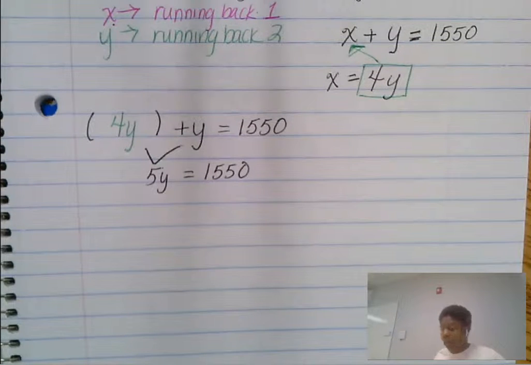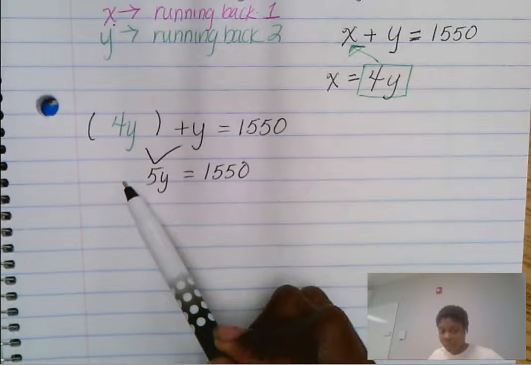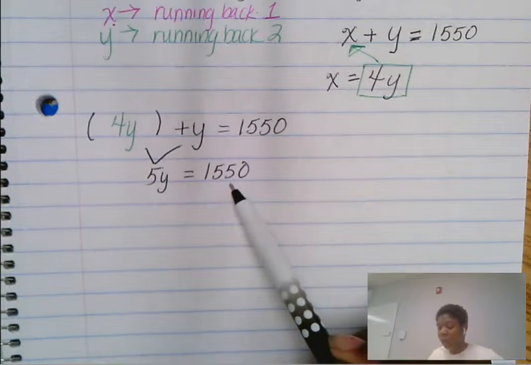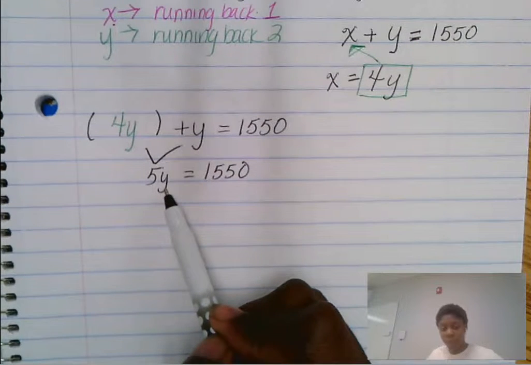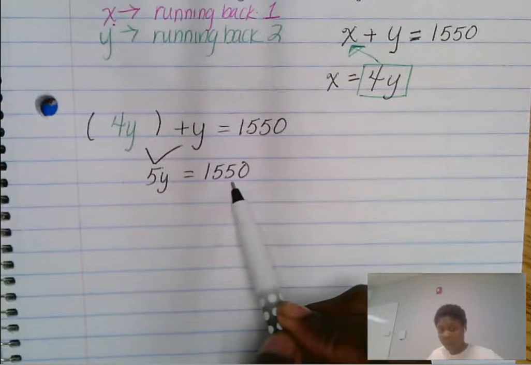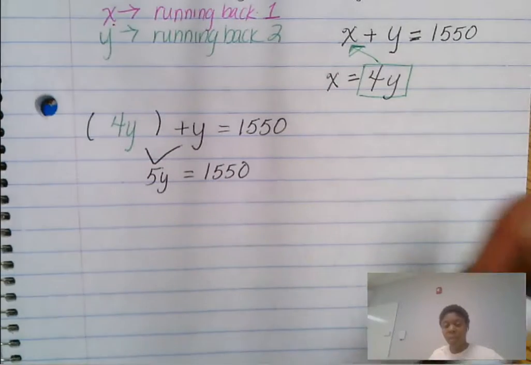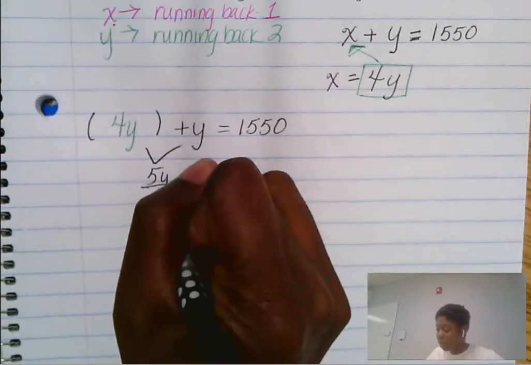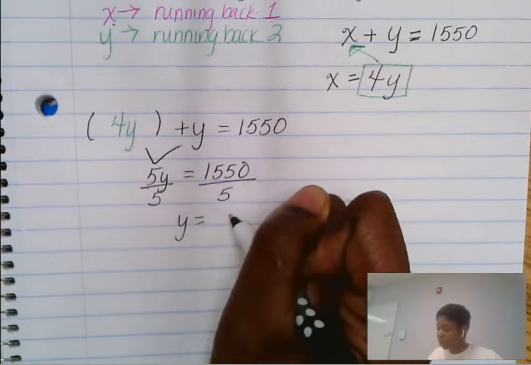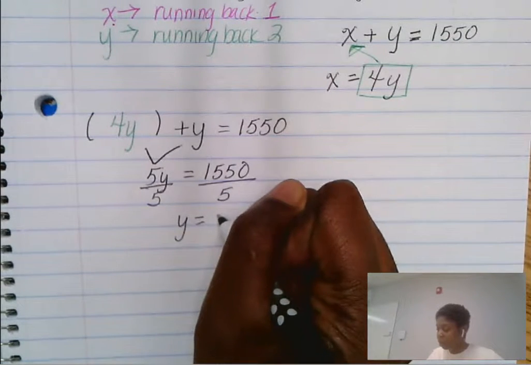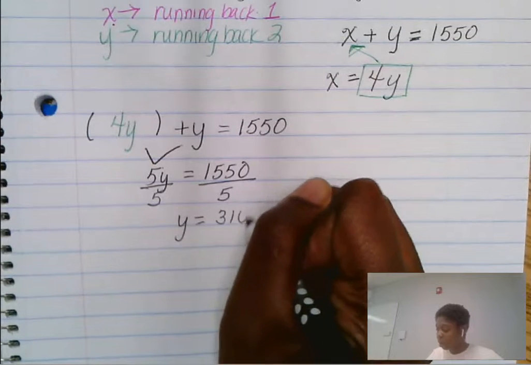We don't have to complete this step because there aren't any extra constants on this side, and we have our one single constant on this side. So we've already accomplished the goal of having coefficients and variables on one side and our constant on the other side. So then the very last step would just be to divide by your coefficient. And Y is going to be equal to 310.